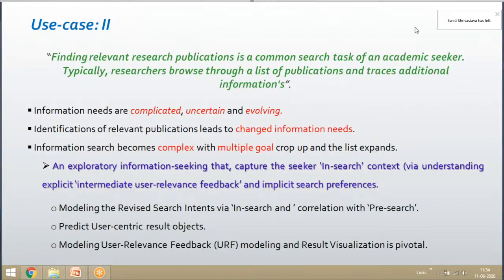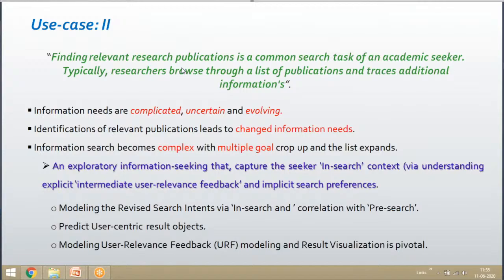He will type some keyword. Then after typing the keyword, the system will suggest a number of research articles, and by looking at a particular research article, he will again refine it and go for the next search.